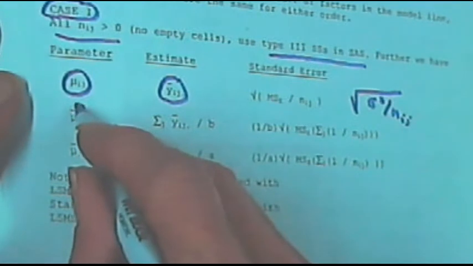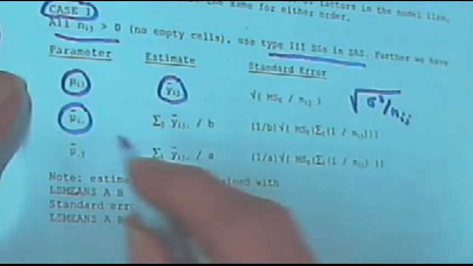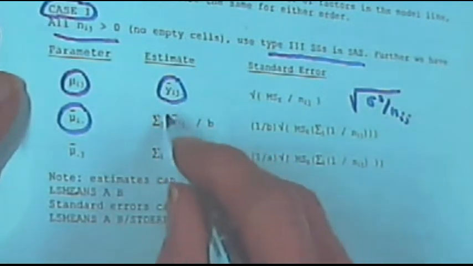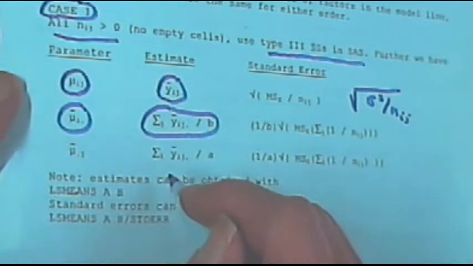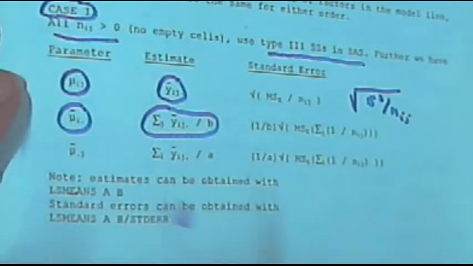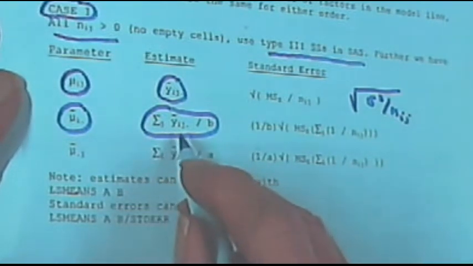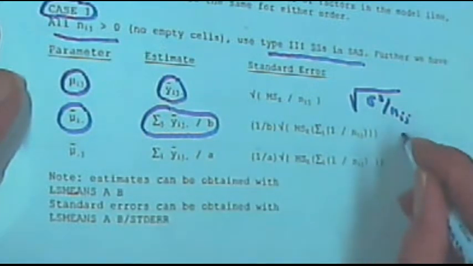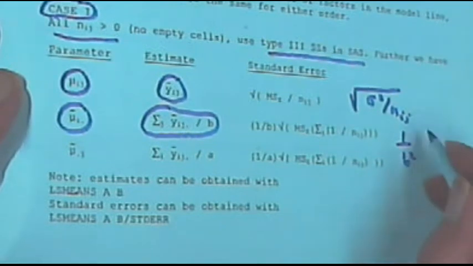Then if we wanted to estimate mu bar i dot, we would use the sample analog of that, namely this. And then we have to figure out what the variance of this is. That's, again, a one-step consideration. This is the sum of independent random variables, so the variance would be 1 over b squared, squaring that constant, times the sum of sigma squared over Nij.